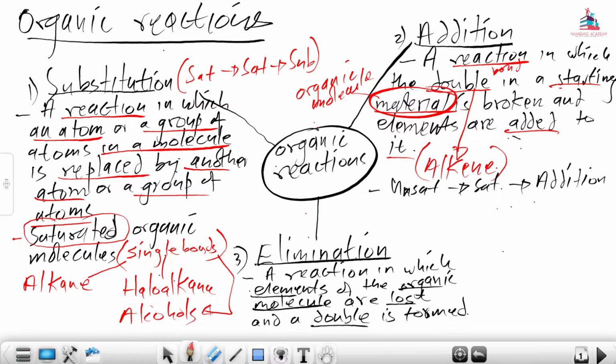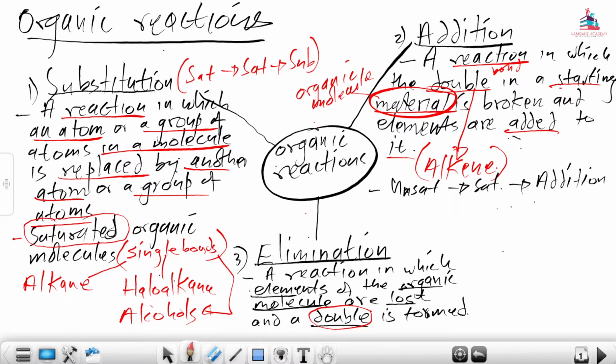This is very, very important. When a double bond is formed, it means we are moving from saturated to unsaturated. For us to form a double bond, we are losing elements of the organic molecule.